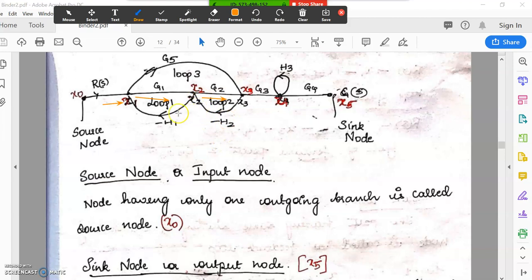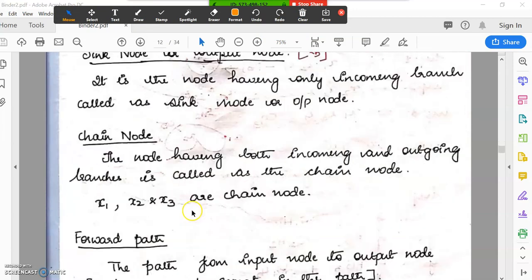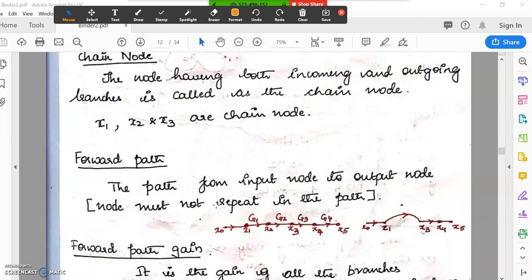And towards x1 there is also one more signal which is coming in as a feedback. So chain nodes means those nodes which have both input as well as output signals, which receive as well as give signals. In the above diagram, x1, x2, x3 are the chain nodes.